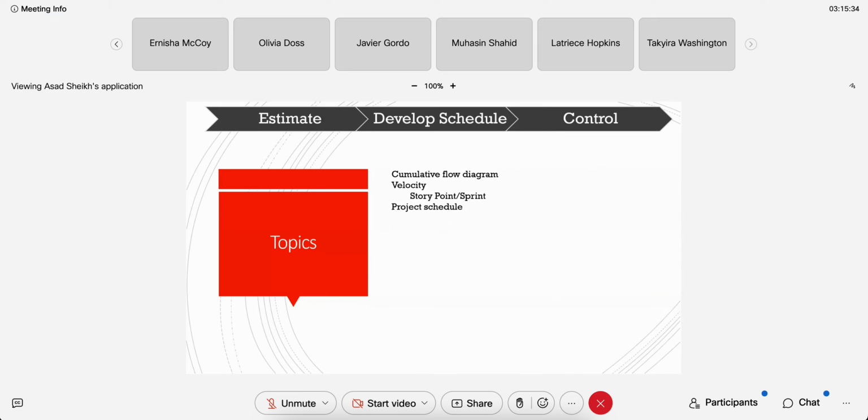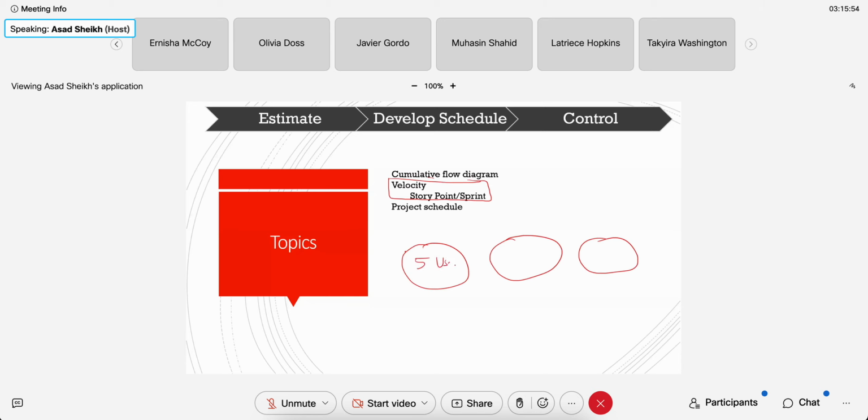All right. So another definition is velocity for agile. You have these sprints, right? So you're doing 5 user stories in sprint 1.